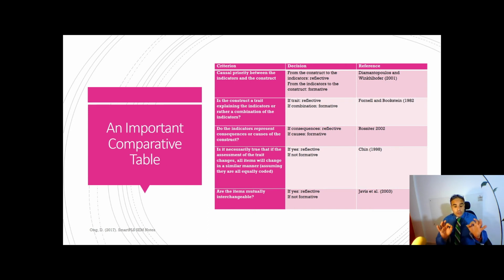It's a very good table. The moral of this video is to help you understand and differentiate between formative and reflective models, so you model your study correctly and follow your theory correctly.